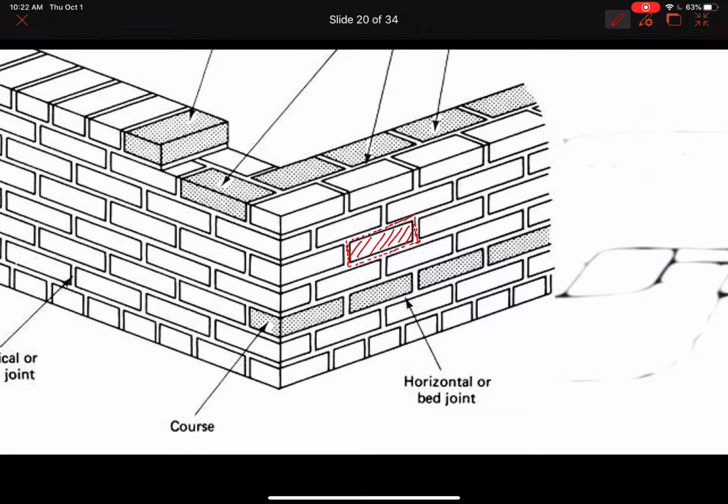So one end, one half mortar, adds up to 1 mortar thickness. Similarly for the top and the bottom, one half each, it will be 1. That is basically the area one brick occupies in the wall.